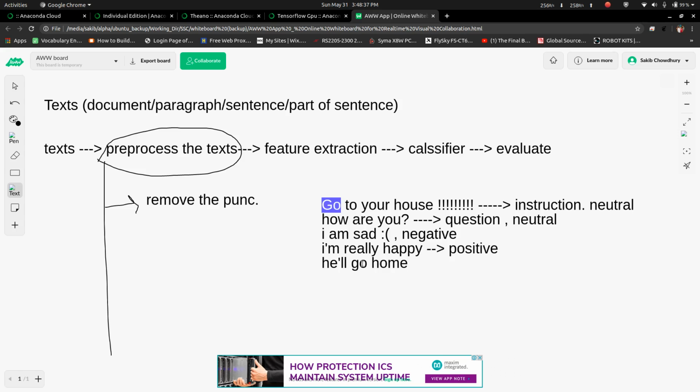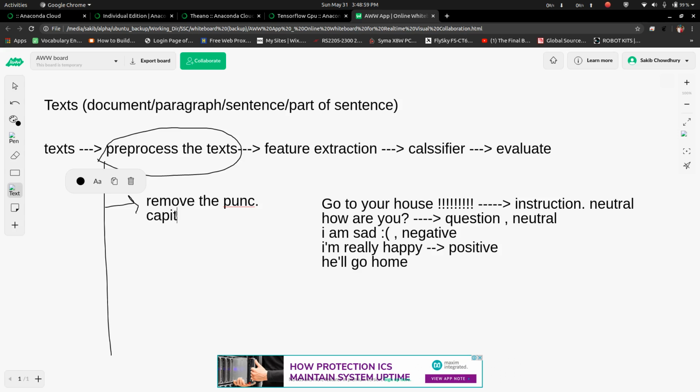These two words have the same meaning, but they look different because this word started with a small g and this word started with a capital G. So your next task will be to make every single character a small letter. So we have to perform lowercasing.